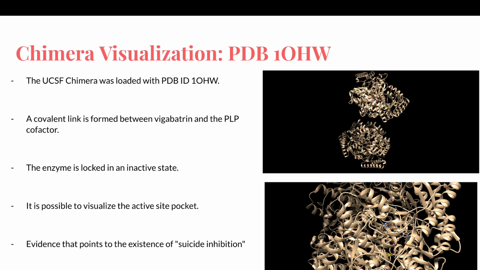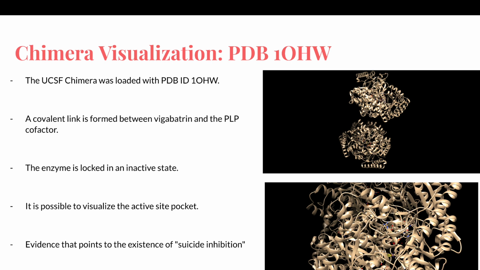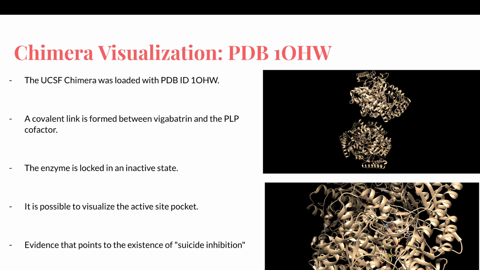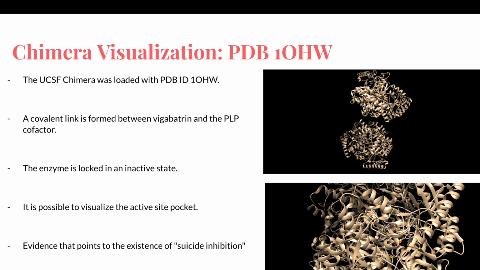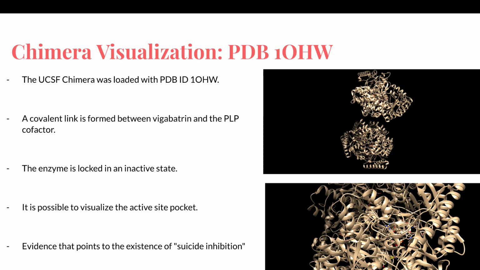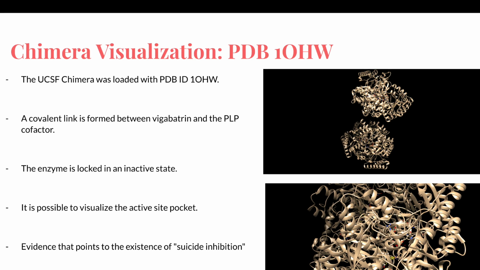This tiny connection right here is the covalent bond between Vigabatrin and the PLP cofactor, which is the definition of suicide inhibition. Seeing it in Chimera makes it look much cleaner though. It's like catching the enzyme right at the site where it permanently gets shut down. So understanding this and being able to see this in UCSF Chimera makes it a lot easier for us to connect and understand the Vigabatrin mechanism.